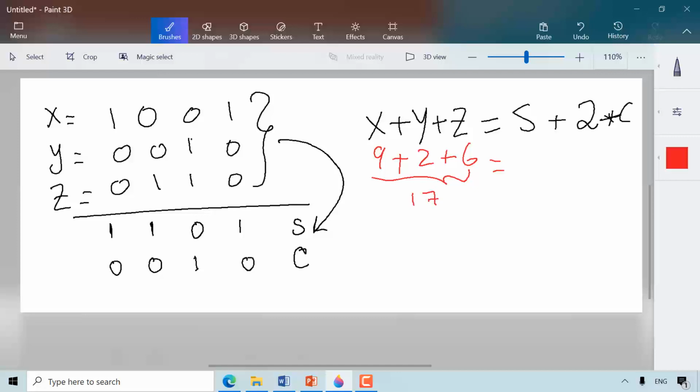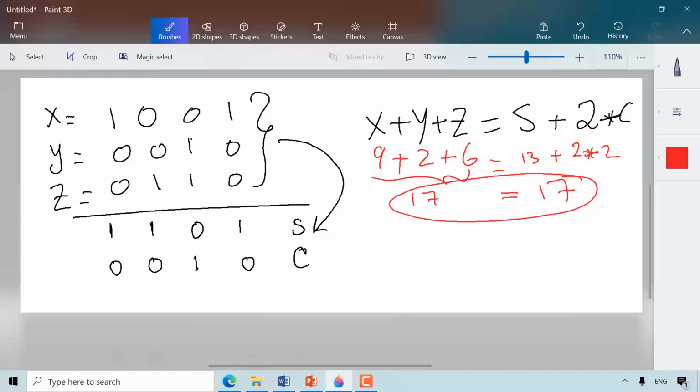Now, what's the value of the sum here? It is 13, right? 13 plus 2 times, what's the value of the carry? 2. So 13 plus 4 equals 17. Aha, they are equal.